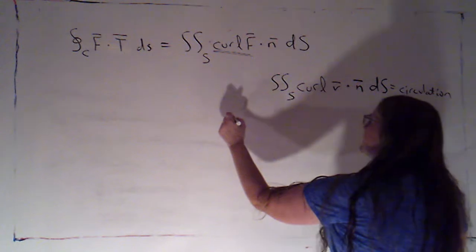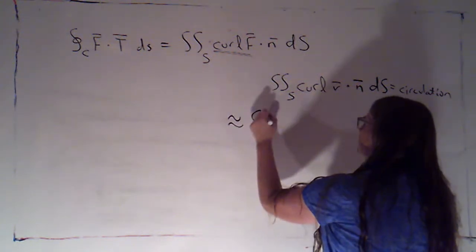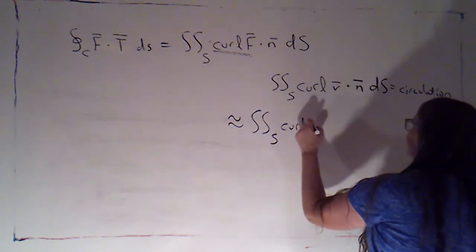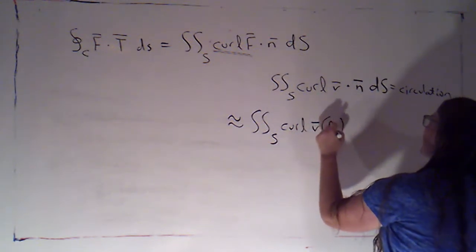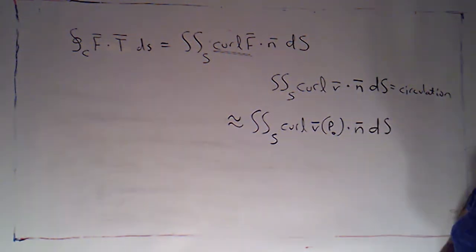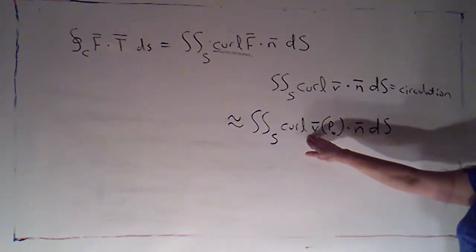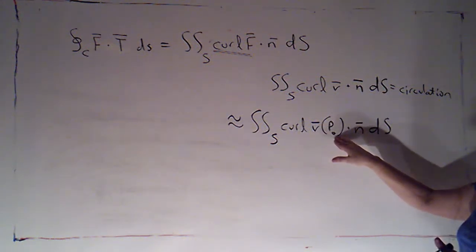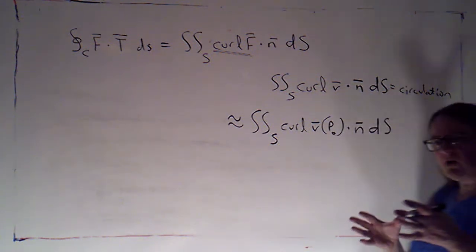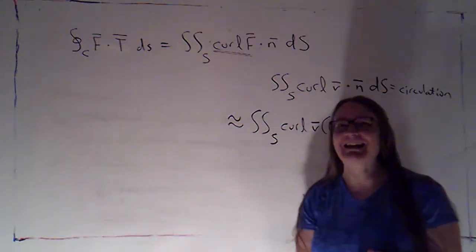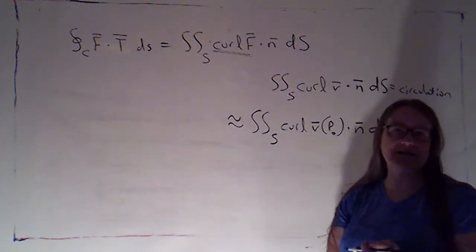I'm going to approximate this as the double integral over S of curl of V at P naught dotted with n dS. So curl is a vector field, a function, but I can evaluate it at that point. And we're supposing that disk has a fairly small radius. We're eventually going to be taking the limit as that radius shrinks to 0.